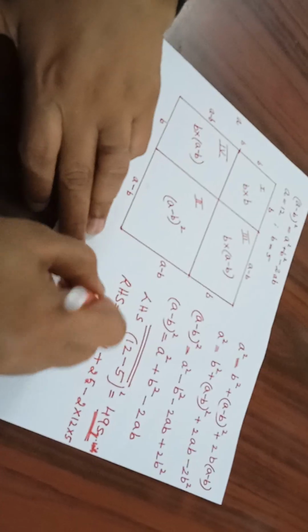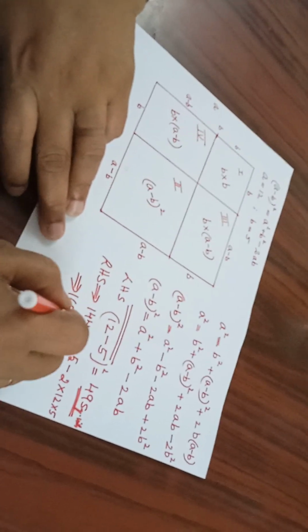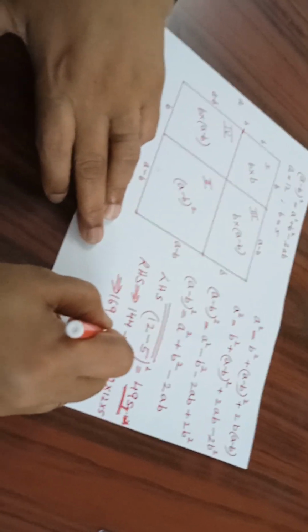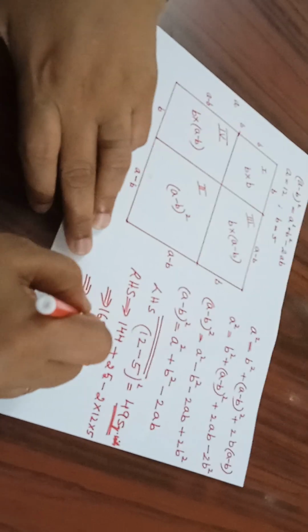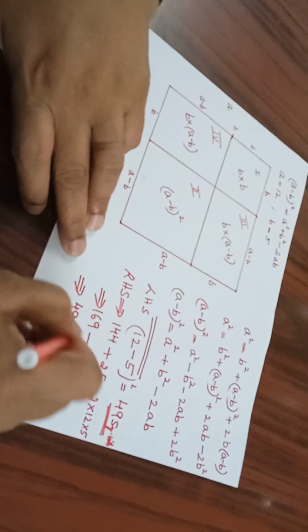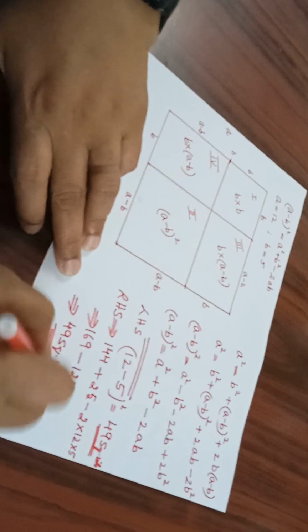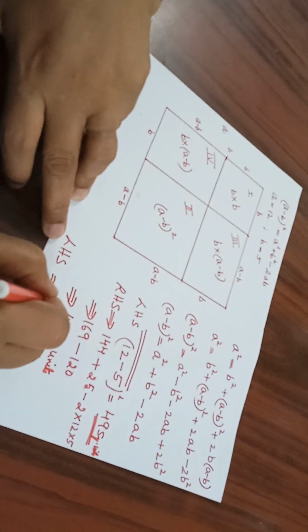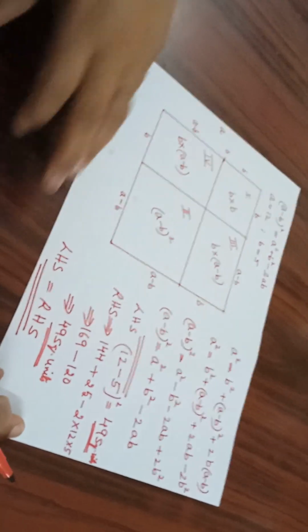So 144 plus 25 is 169, minus 12 into 5 is 60, and 60 multiplied by 2 is 120. So what is the final value? We have here 49 square units. That means the left hand side and right hand side are both equal. LHS is equal to RHS. The identity we have proved geometrically. I hope it's clear for you.